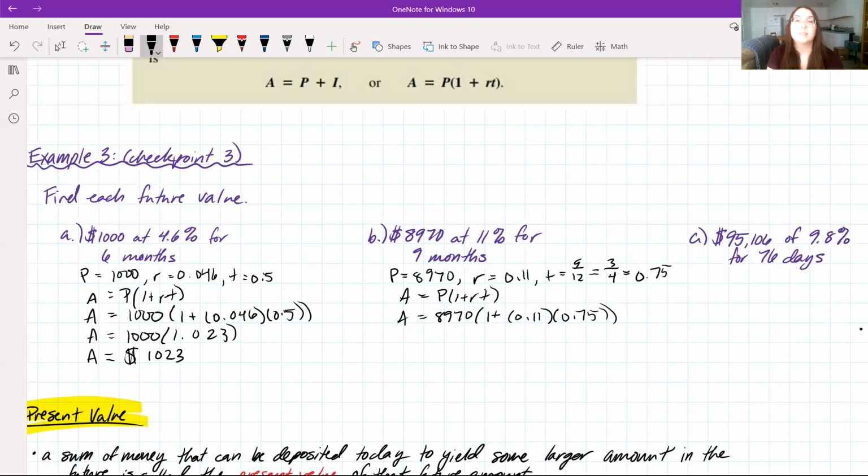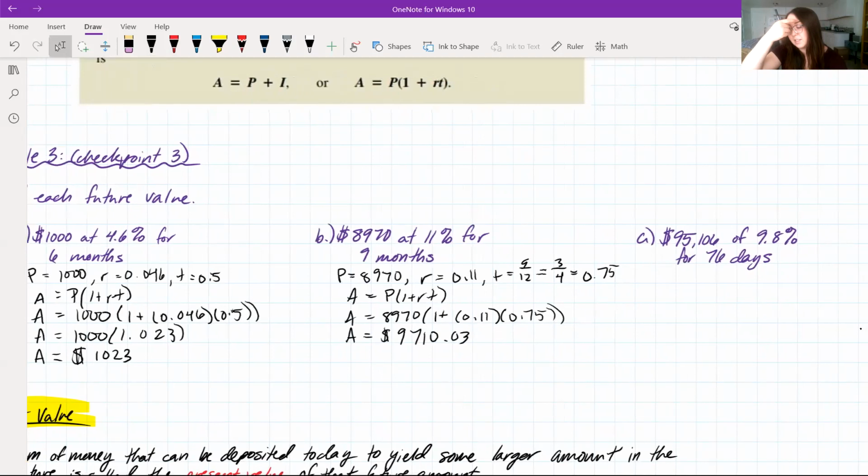You can feel free to calculate that. This time we're just going to calculate the future values straight from this equation. And if you did that, you should have gotten $9,710.03. So this is how much our investment is worth after 9 months at 11% interest.